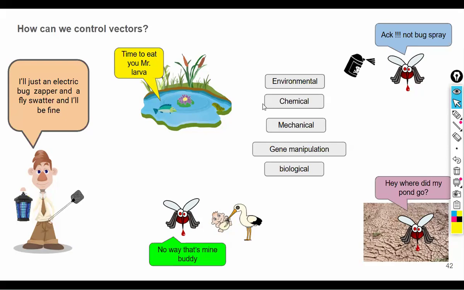But anyway, I want to focus on how we could actually control vectors. And the example I'm going to use is a mosquito, since that's the most popular one. Well, on the syllabus, there are about 5 different ways we can control vectors. The most obvious one is chemical control.